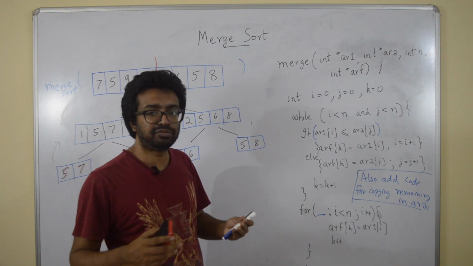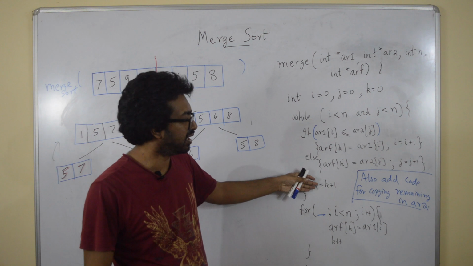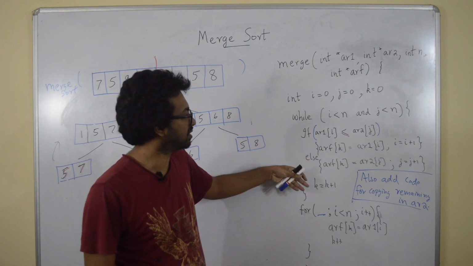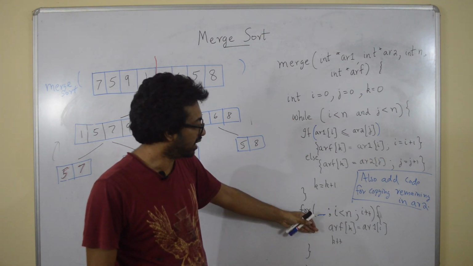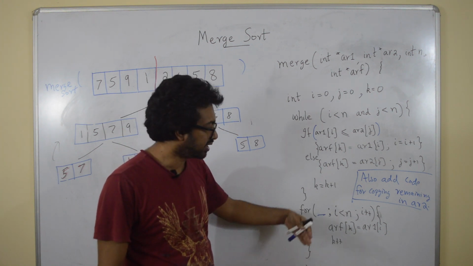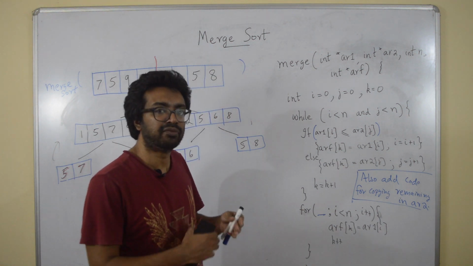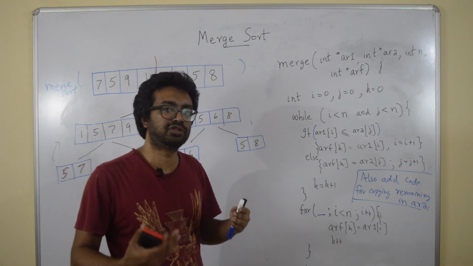So k can at most become 2n, and every step of this while loop, k increases by 1, right? K starts from 0, k increases by 1, and every iteration here also k increases by 1, and in the next for loop also k increases by 1. So after 2n steps, we are done. K would have reached the final position of 2n.